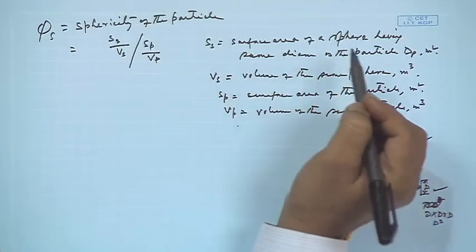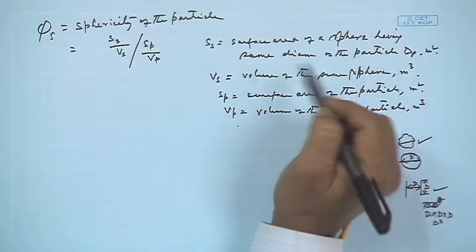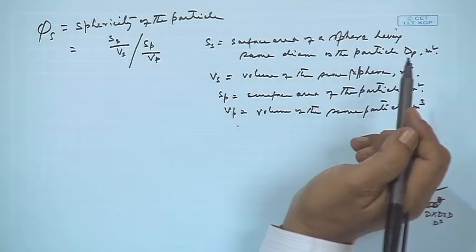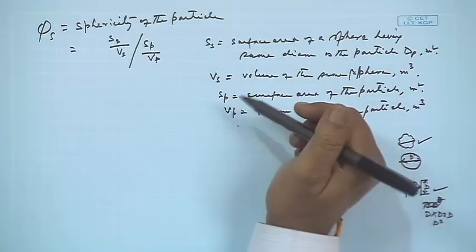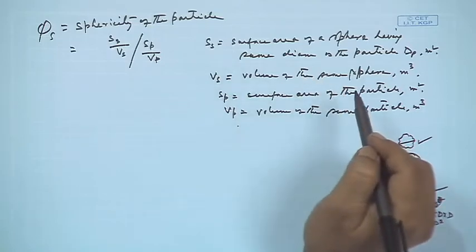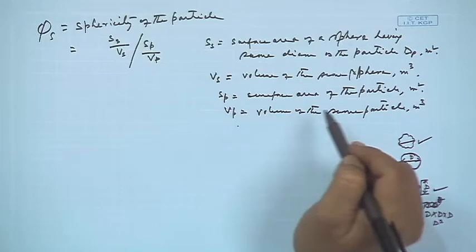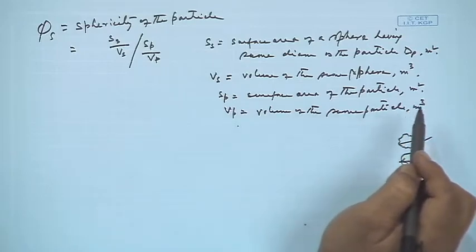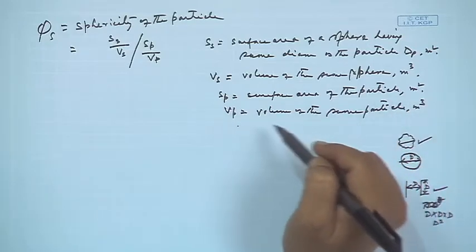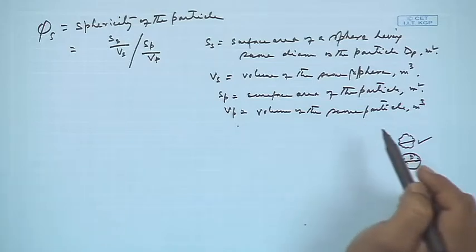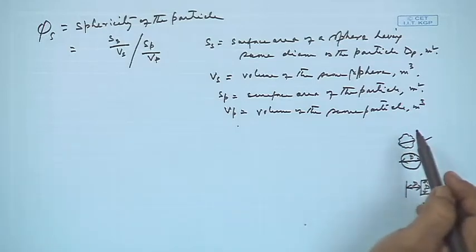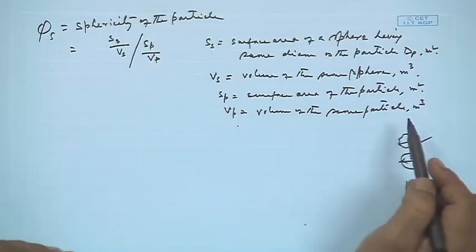Ss is the surface area of the sphere having the same diameter as the particle dp in meter square. Vs is the volume of the same sphere in meter cube. Sp is the surface area of the particle again in meter square, and Vp is the volume of the same particle in meter cube, right?